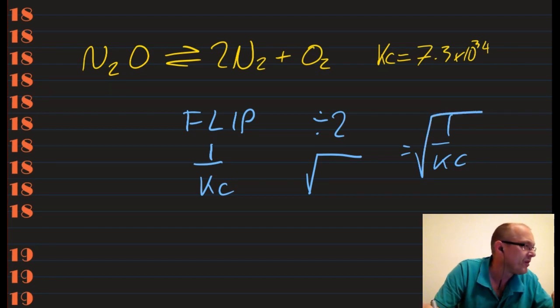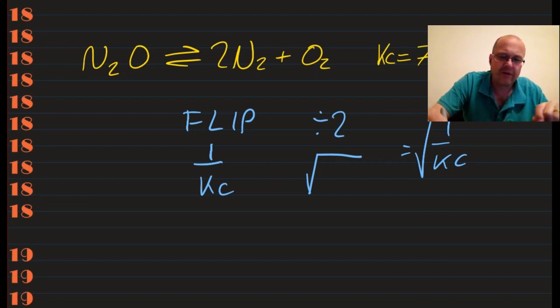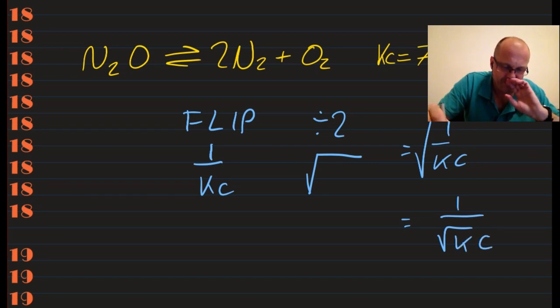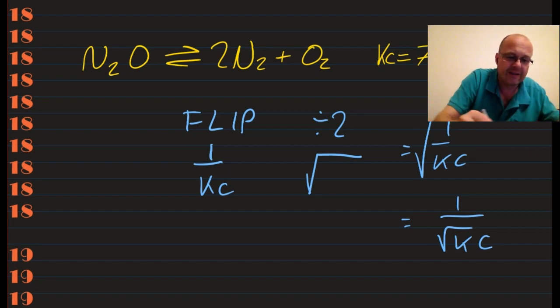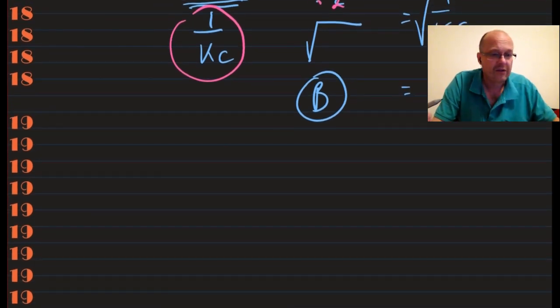Is that an option? I don't know if that square root can just go like this, 1 over root Kc. I think it must be able to. It's the only one with a square root, so it's B. So 18B.